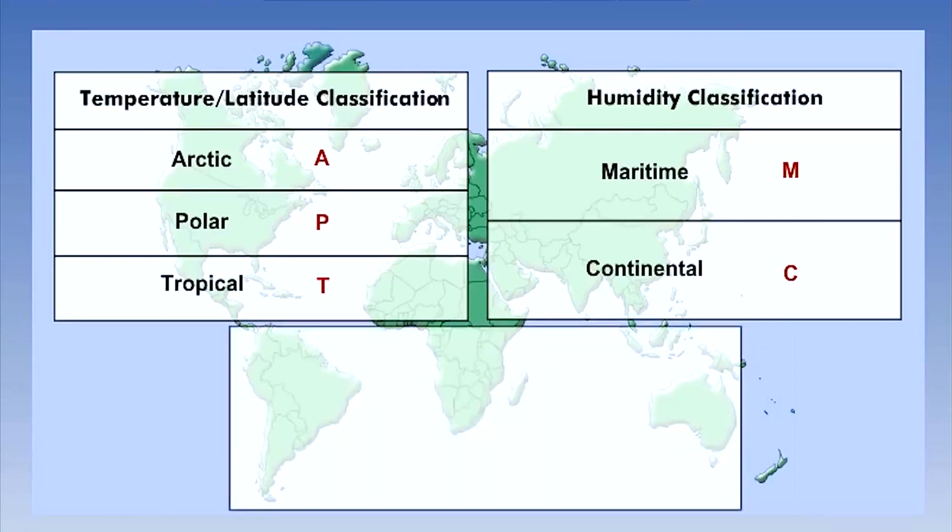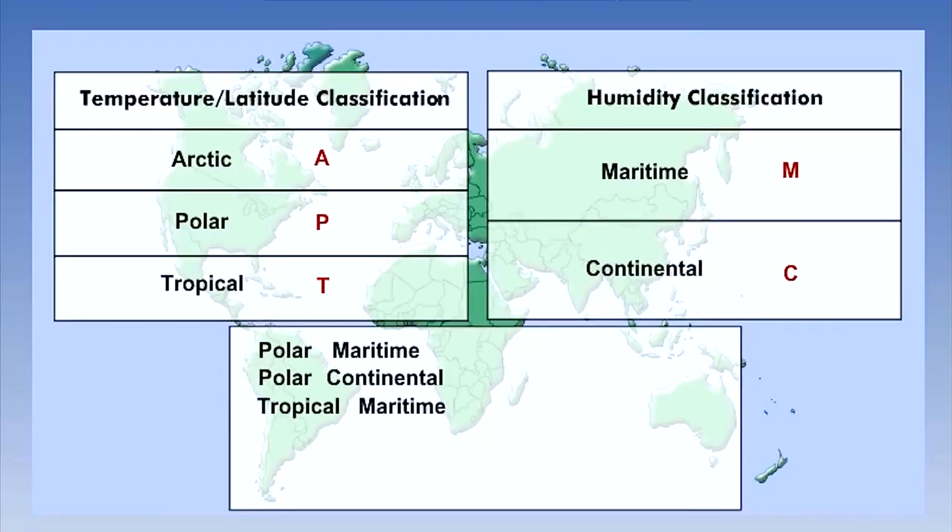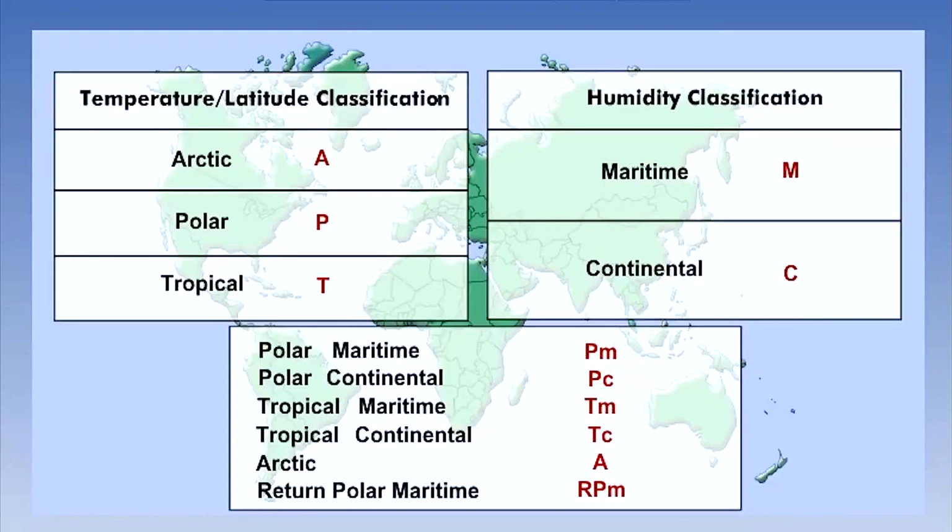Combining these, we get a full list of air mass names: polar maritime, polar continental, tropical maritime, tropical continental, and also Arctic air. These have abbreviations of PM, PC, TM, TC and A. There is also a hybrid one called returning polar maritime, RPM.